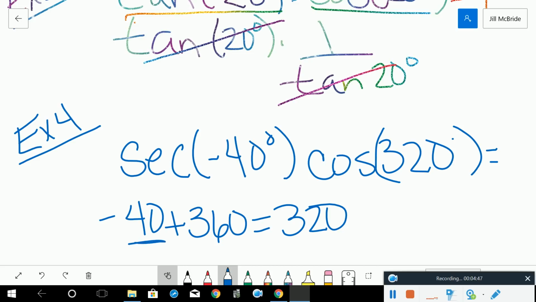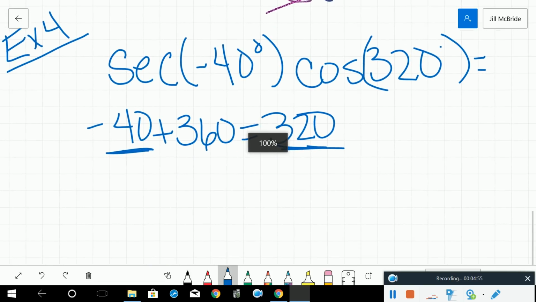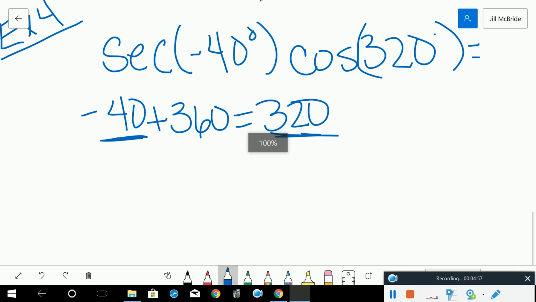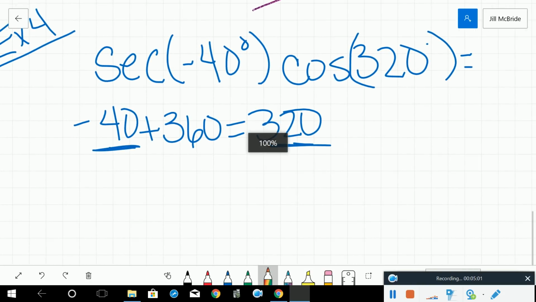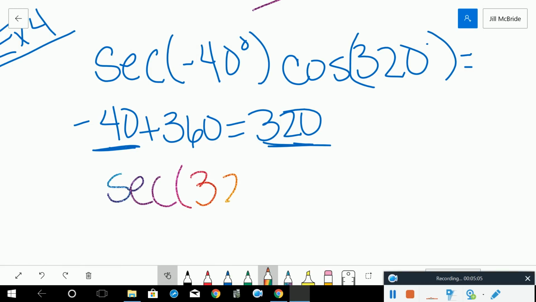That means that negative 40 and 320 are coterminal angles, which means their trig ratios will be the same. So I can go ahead and replace the secant of negative 40 with the secant of 320.